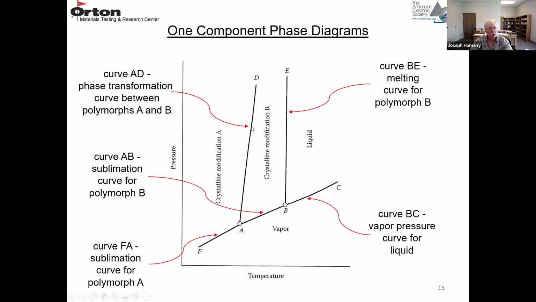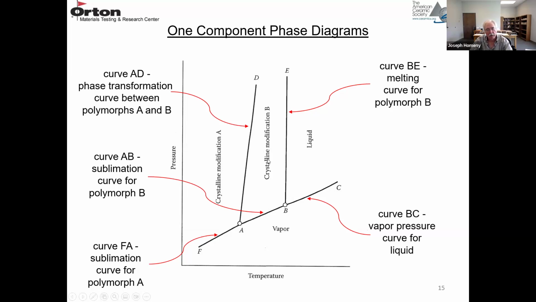The lines or curves represent 2 phases. So this curve A to D, there are 2 phases at any point on this curve, but it's the phase transformation between crystals A and B. So it's a polymorphic phase transformation.